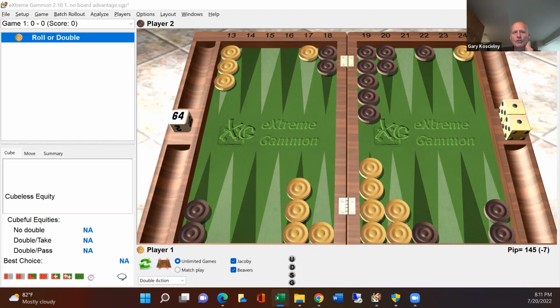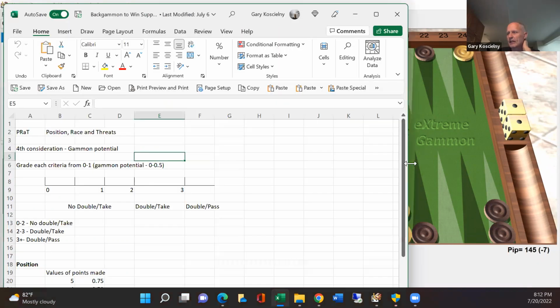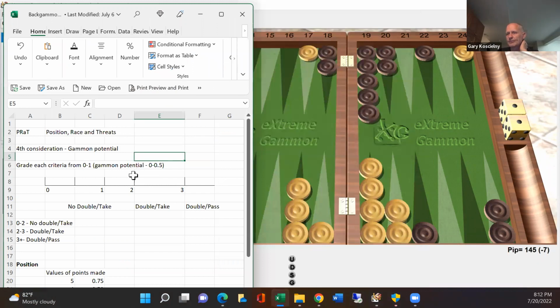So let me go over the basics again, just to introduce it for anyone who wasn't there, or if someone's looking at a recording and didn't get one of the first rounds. We're doing position, race, and threats, and we're going to assign a number to each.